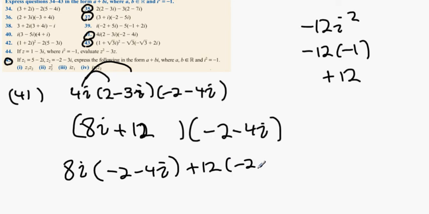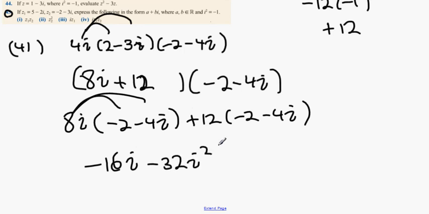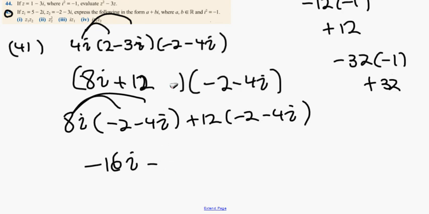So we're going to get plus 12 times (−2 − 4i). Then we multiply it out, and we should get −16i, and −32i², because i times i is i², and 8 times −4. −32i² is the same thing as −32 times −1, which gets me plus 32.